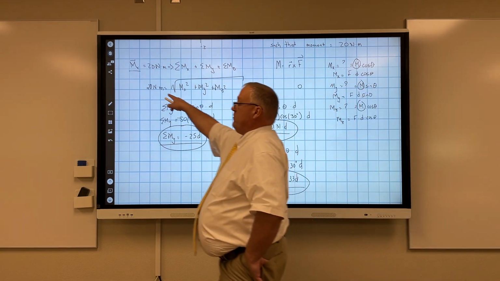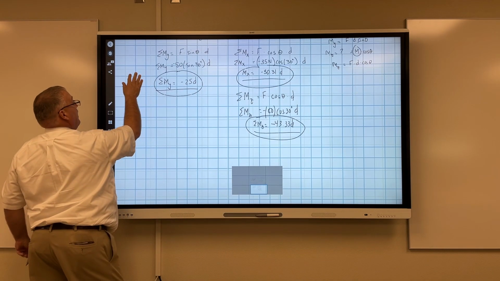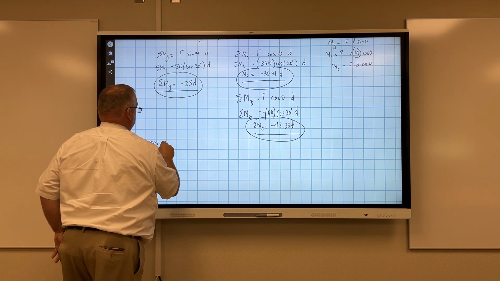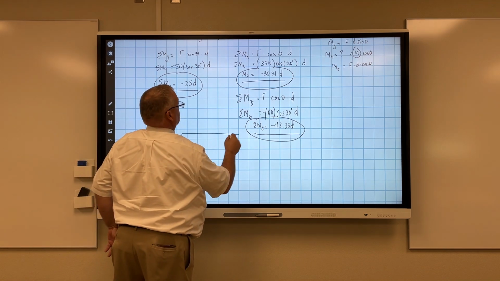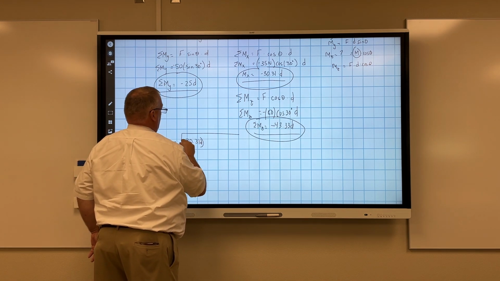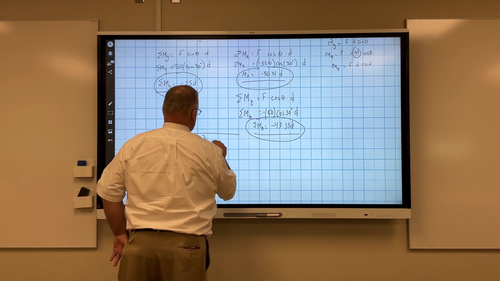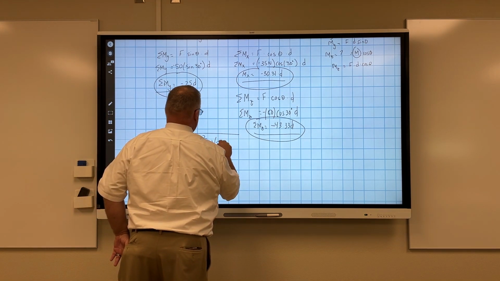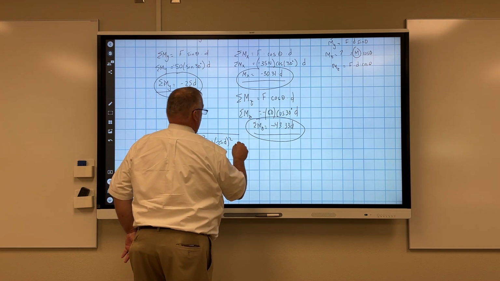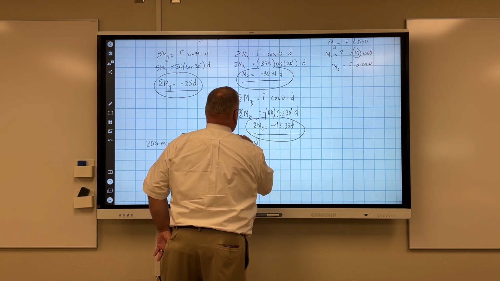These three components are equal to 20 newton meters. So we could set up our equality: (30.31 D) squared plus a negative 25 D squared plus a negative 43.33 D squared.